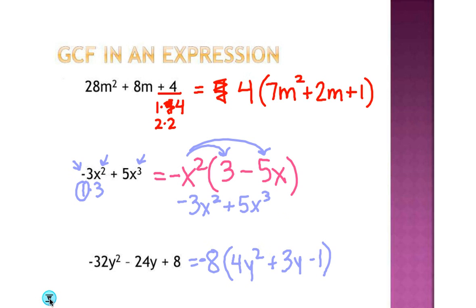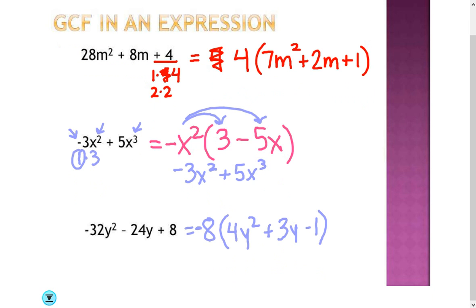All right, and then same with this last one, it was a little bit trickier too. My leading term was negative, so I needed to take out a negative, starting here with the 8. Here are my factors of 8, and I'm trying to figure out which is the largest one of these that would also divide into the rest of these numbers, and that number is 8. All right, so I took out my negative 8 because my leading term was negative, and this 8 at the end did not have a y, so I couldn't factor out the y.